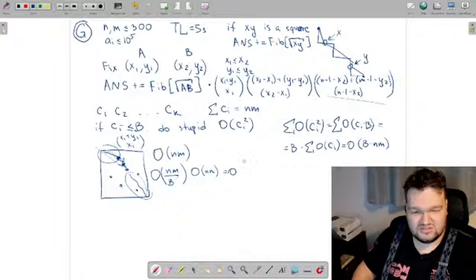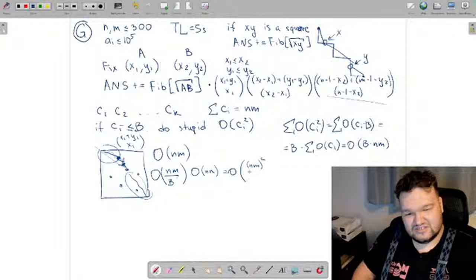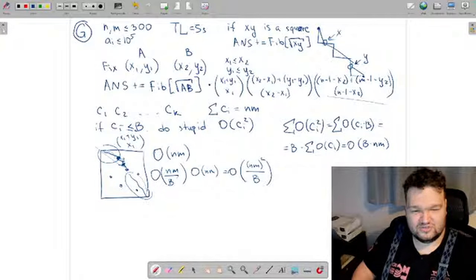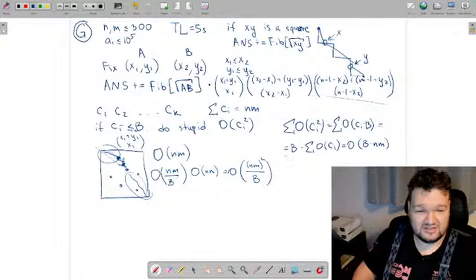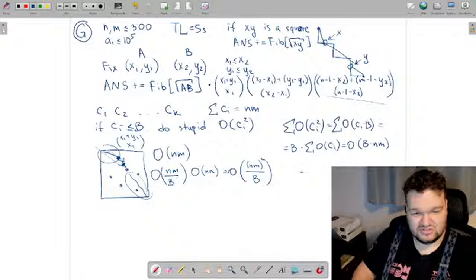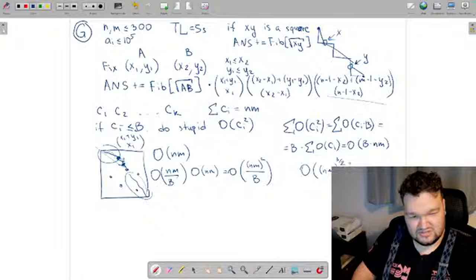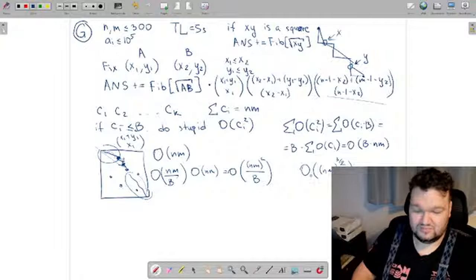So this is O of area squared divided by b, and if we choose b to be the square root of area, then both of those things will be O of nm times the square root of nm.